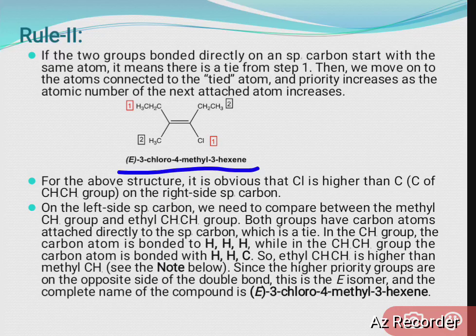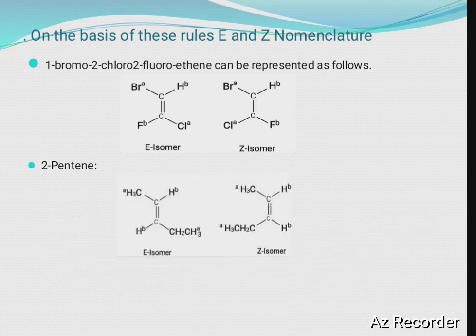Okay, hence this is the E isomer. Okay, next, on the basis of these rules, E and Z nomenclature, we are going to discuss some more examples.